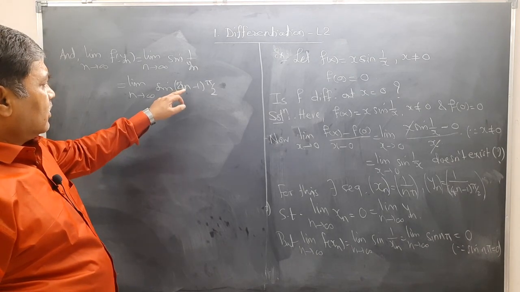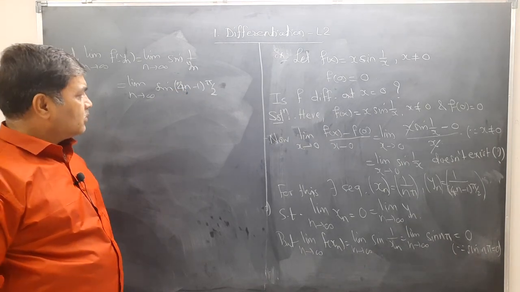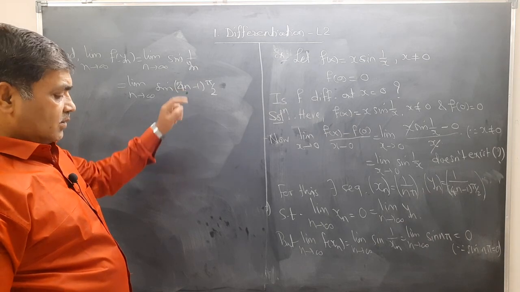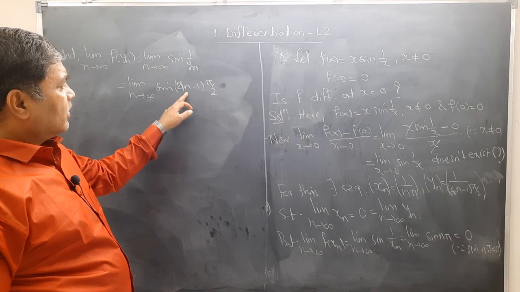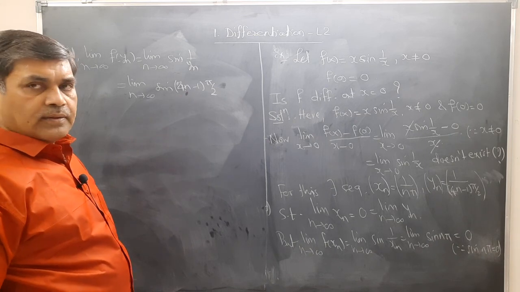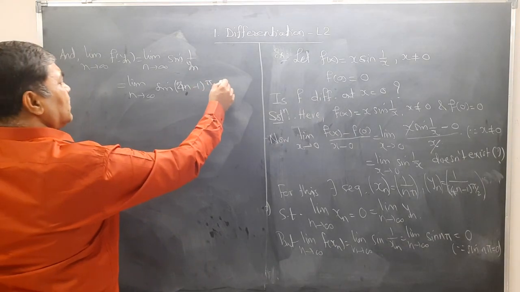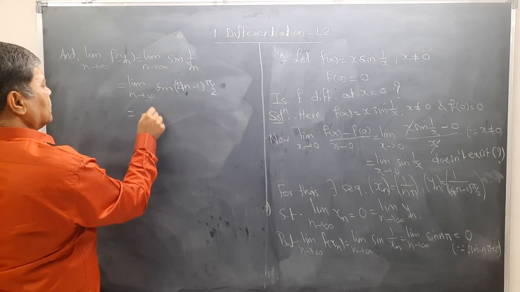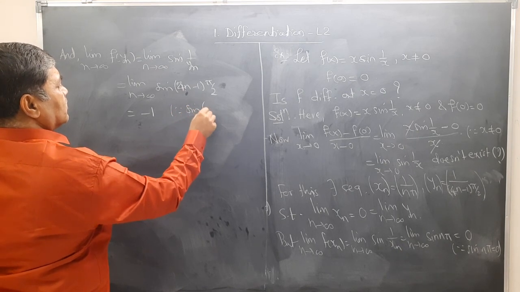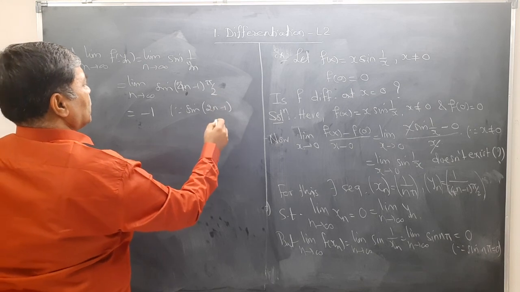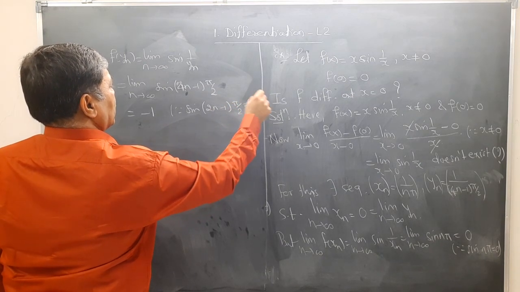Then n equal to 2, I will get 7 pi by 2, and so on. So this is nothing but minus 1, since sin((2n minus 1) pi by 2) is equal to minus 1 raised to n.